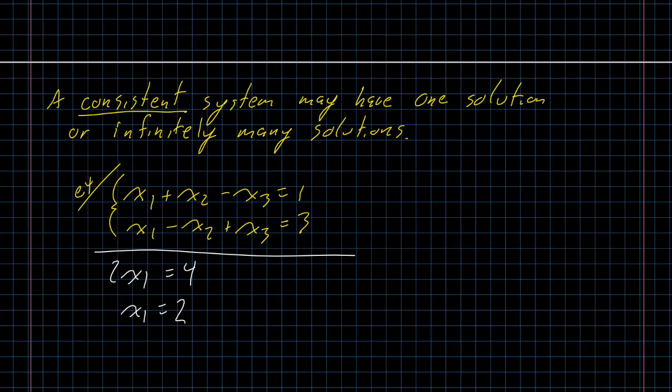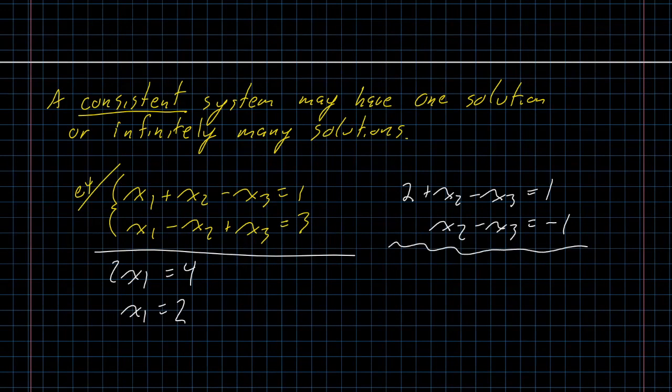If I try to back substitute with that, I get two equations out of it. 2 plus x2 minus x3 is equal to 1, or rearranging that, x2 minus x3 is equal to negative 1.